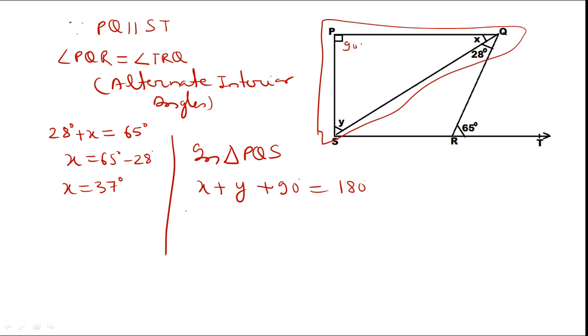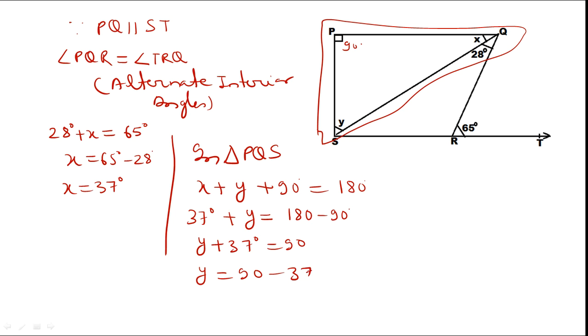Angle sum property, sum of all the angles of a triangle is 180 degree. The value of x we have already calculated, 37 degree, plus y is equal to 180 minus 90. So y plus 37 is 90. So y is equal to 90 minus 37.